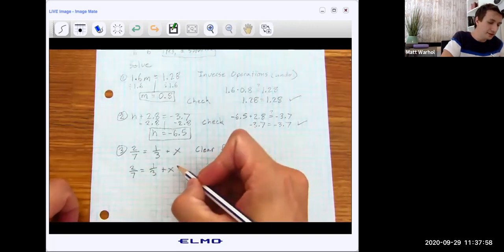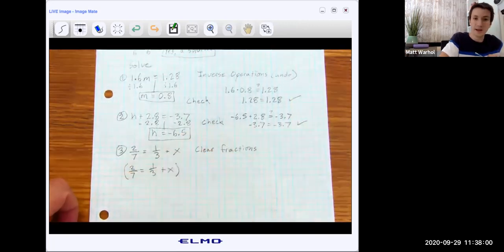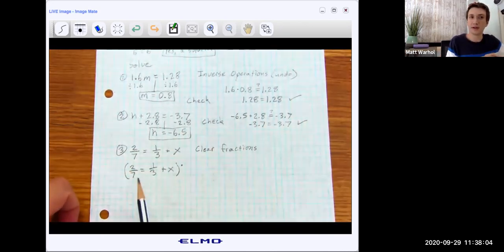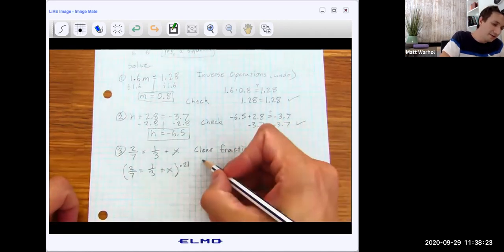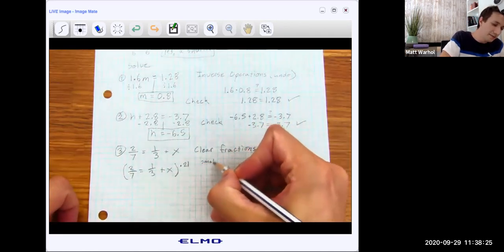We're going to take this whole equation and multiply everything in there by the least common denominator. That's what we're looking for. So what's the smallest common denominator with 7s and 3s? 21. So I'm going to multiply everything in here by the smallest common denominator.